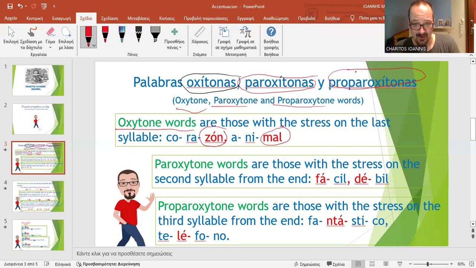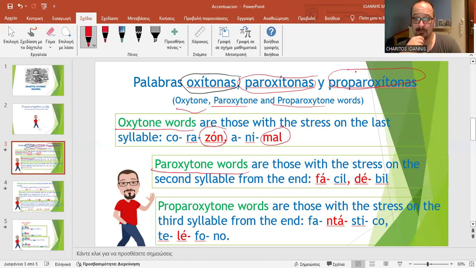Similarly, paroxytone words are those with the stress on the second syllable from the end. So, for instance, the word fácil, which has two syllables, is stressed on the second syllable from the end. It's not fácil, it's fácil.